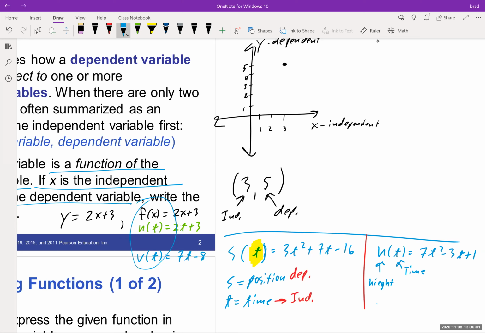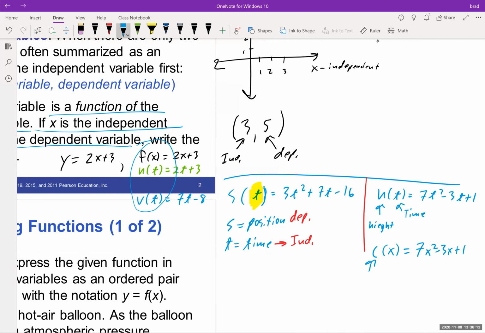If we were doing a cost function, I could say c of x is equal to 7x squared minus 3x plus 1. And in that case, this is the cost, and this is the number of items sold.